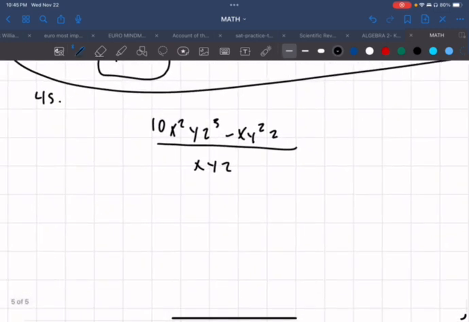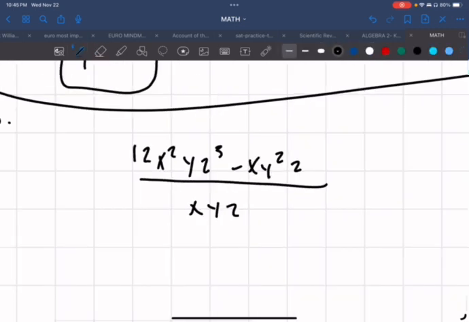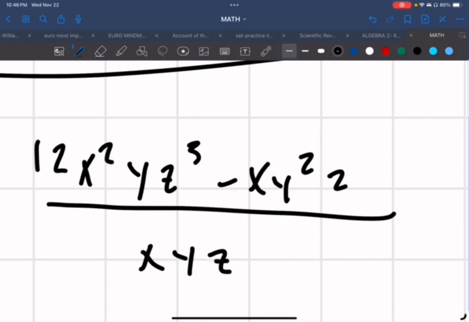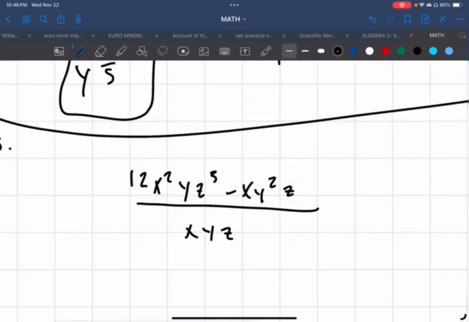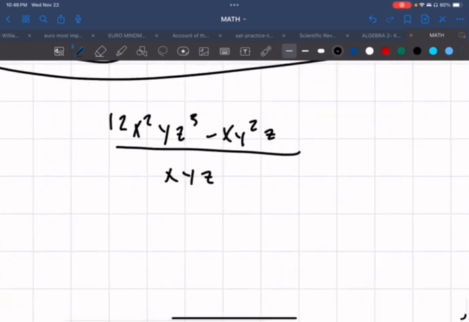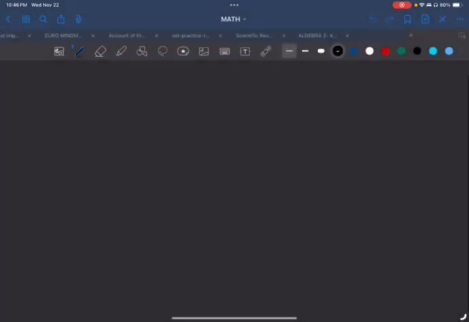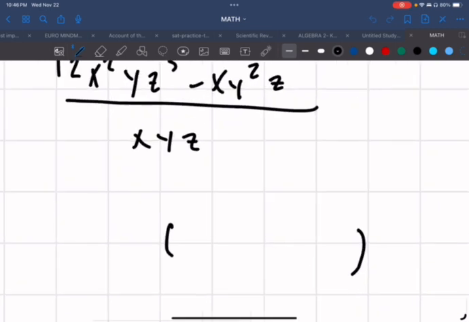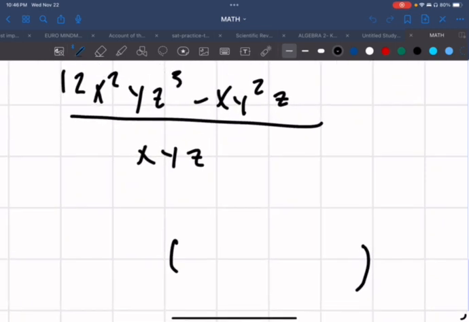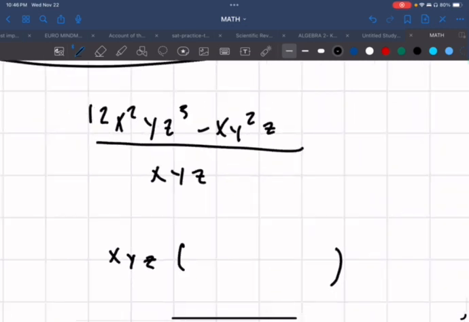And we have to express this as a polynomial. Wait, okay, let me actually use another number because I already did this one. Just change this to 12. Okay. Alright. So what do we do? For this we can factor out, right? We can factor out x, y, z. Yeah.